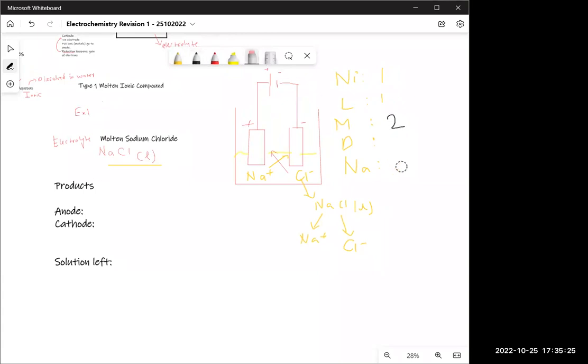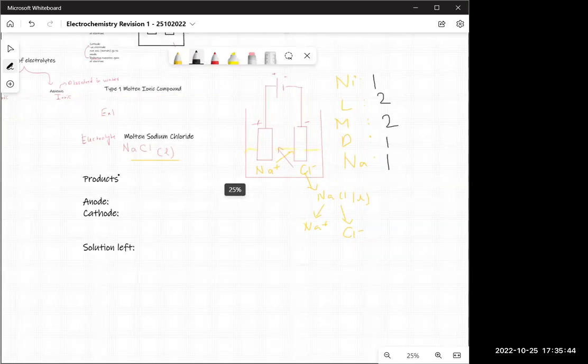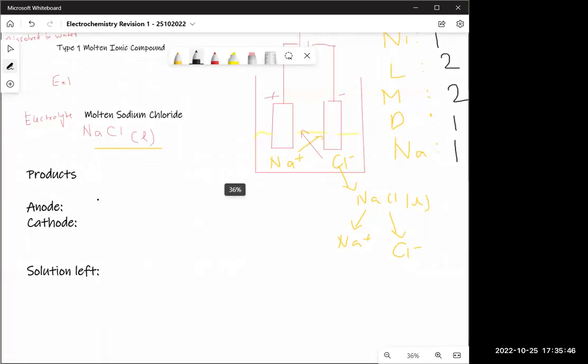The others get 1 point, 1 point. Niranjana, what is the answer? Perfect. Good.